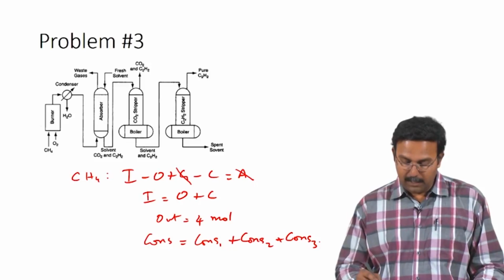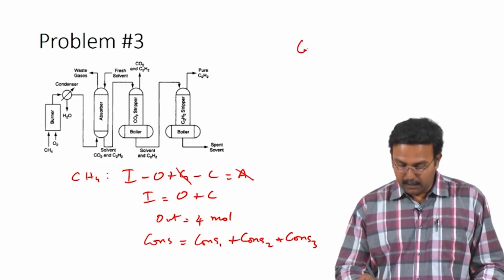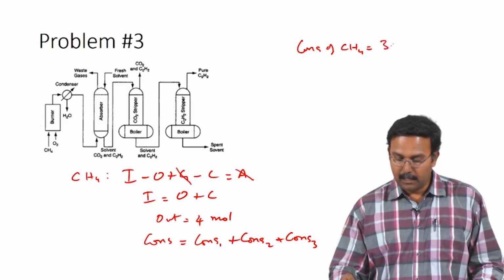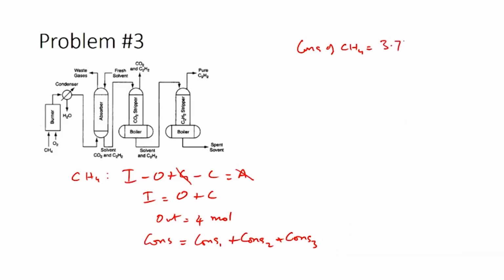Using that stoichiometry, we can calculate the consumption of methane as 3.7, which is the number of moles of carbon dioxide generated, plus 58.3, which is the number of moles of carbon monoxide generated, plus 8.5 times 2, where 8.5 is the number of moles of acetylene generated, because we have 2 moles of methane being consumed per mole of acetylene, so we multiply by 2, the stoichiometric coefficient.